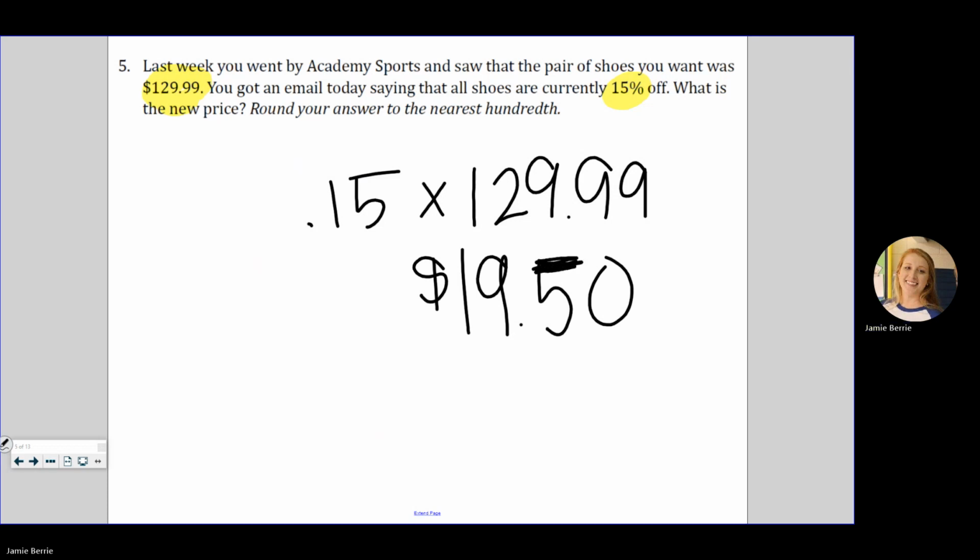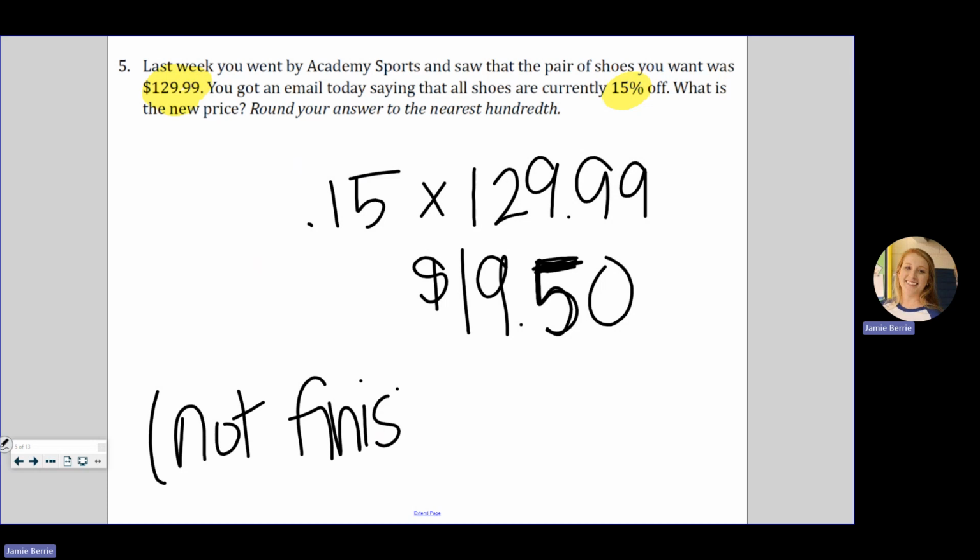No. This is how much they're discounted. So you're going to subtract that from the total. All right, so I'll leave that for y'all to finish. So we'll just put a note here. This is not finished. You would have to subtract that off of the total to get the new price. That's what they asked for. What is the new price?